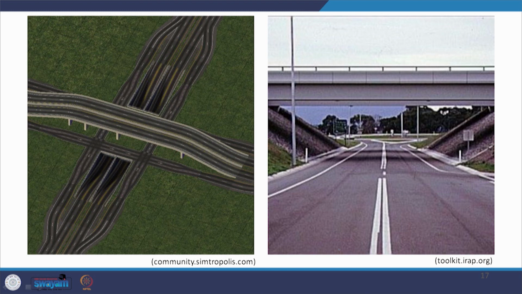So, here what you can see is that in this case again there are two levels, one level is here and another level is at this one. The two roads are crossing each other at different levels, and there are no ramps by way of which you can get into this particular system. So, that has to be done at some other distance away from this intersection location. Here the traffic which is coming from this direction is going in.